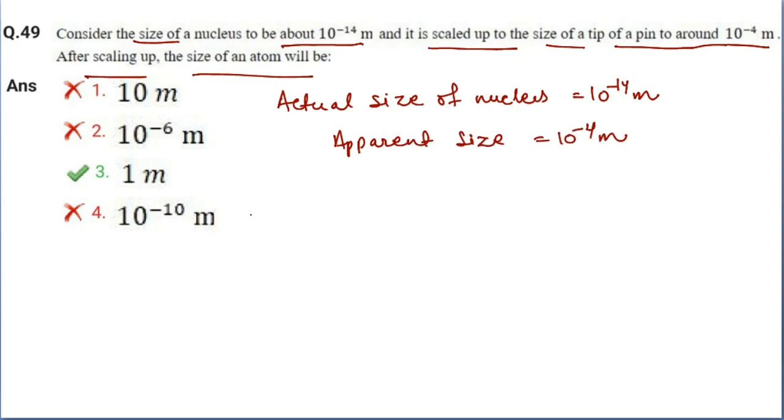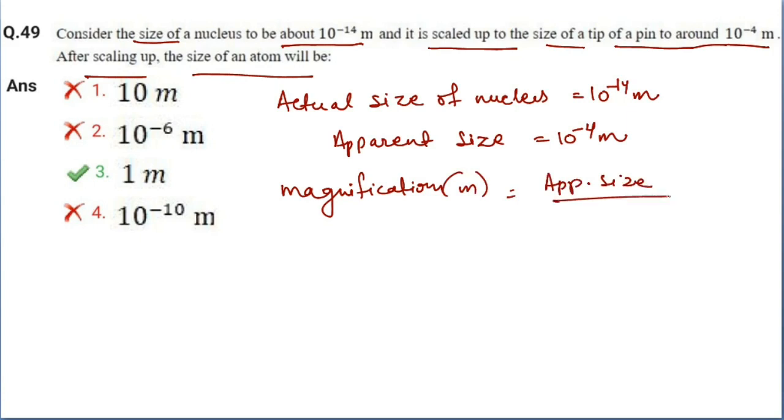Okay, so we have a formula: magnification m is equal to apparent size by actual size. So m is equal to 10 to the power minus 4 divided by 10 to the power minus 14, and it will become 10 to the power 10. Magnification is 10 to the power 10.